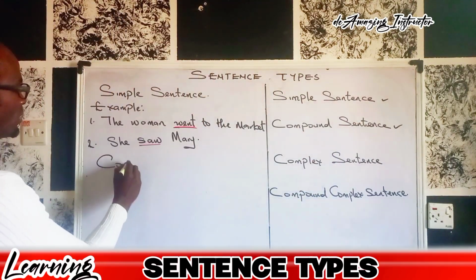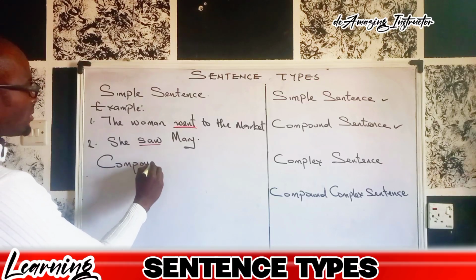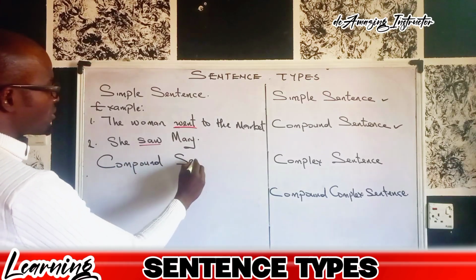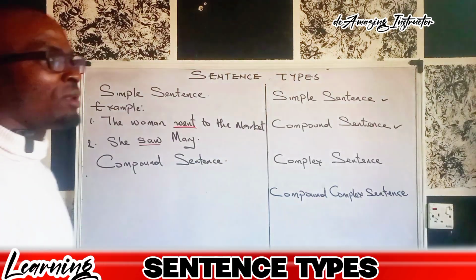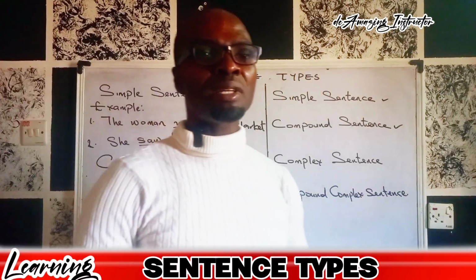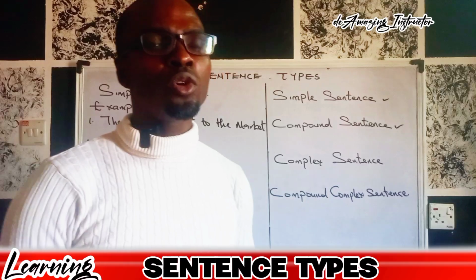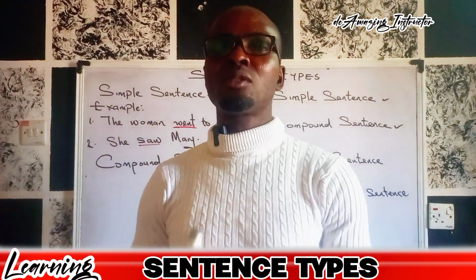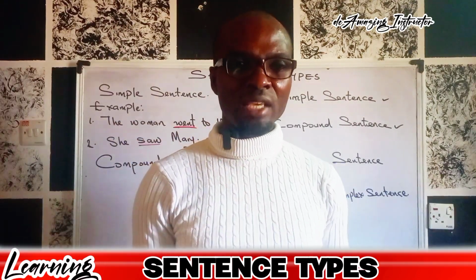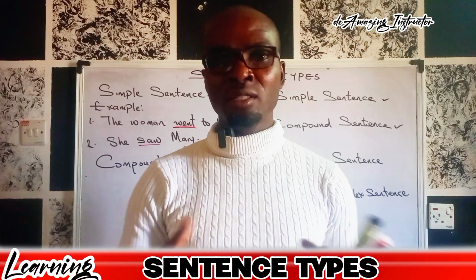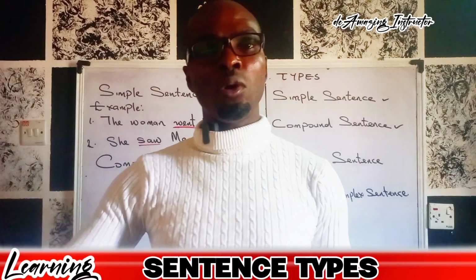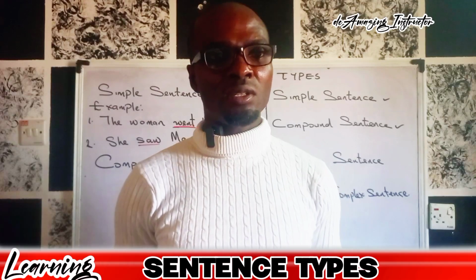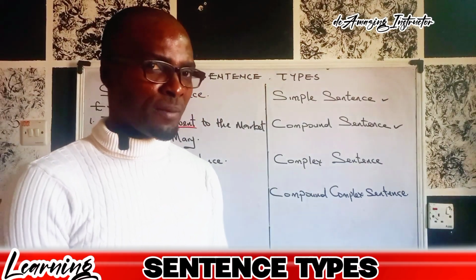Compound sentence. Now, unlike the simple sentence, a compound sentence contains two independent clauses. It can be more than two anyway. It contains two or more independent clauses joined together.